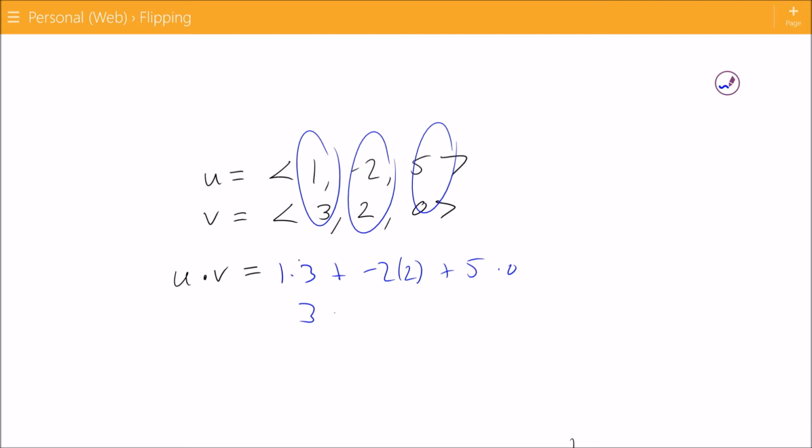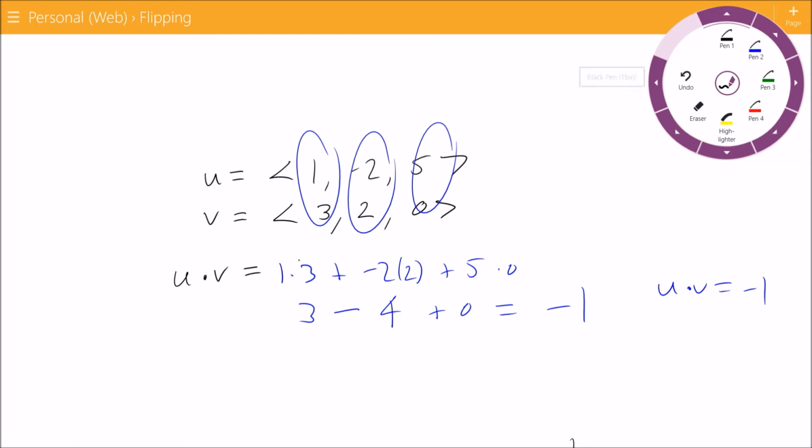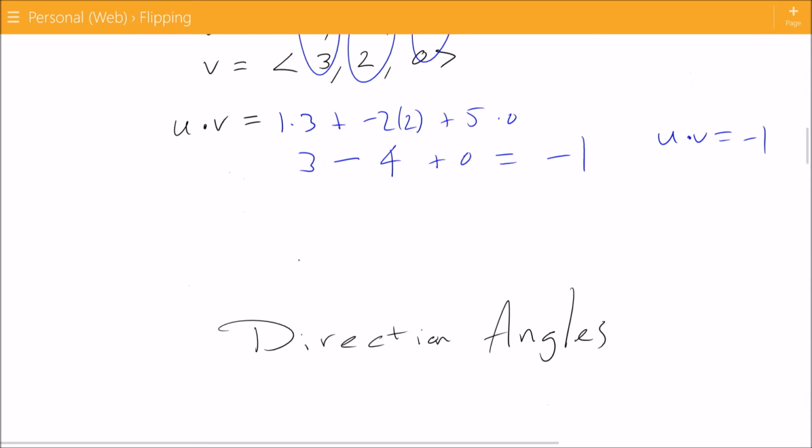That's 3 minus 4 plus 0, which equals -1. So U dot V is equal to -1. That's it. Pretty simple. Dot product of three-dimensional vectors.